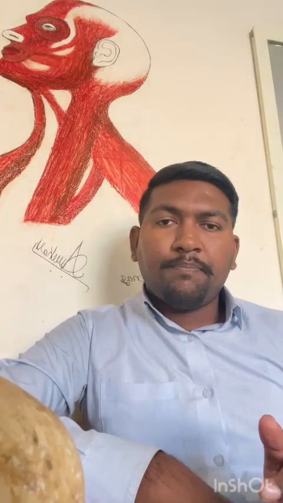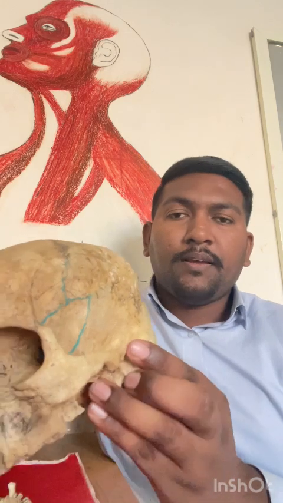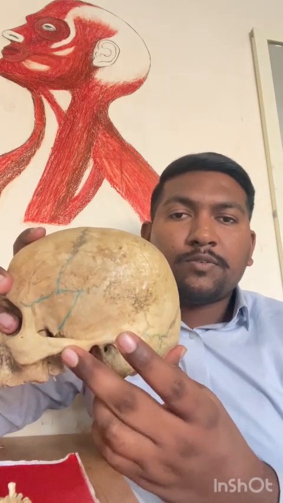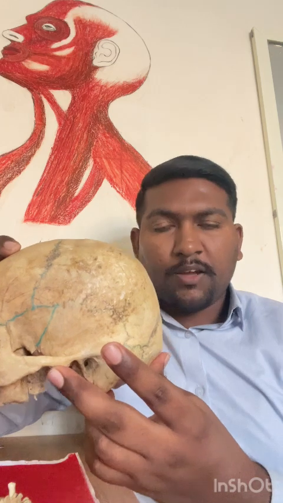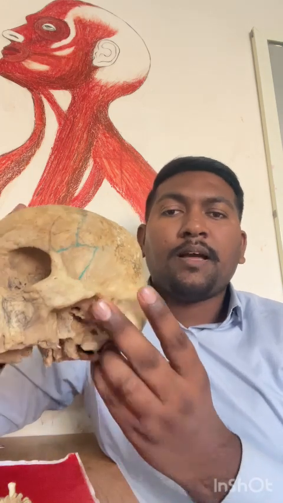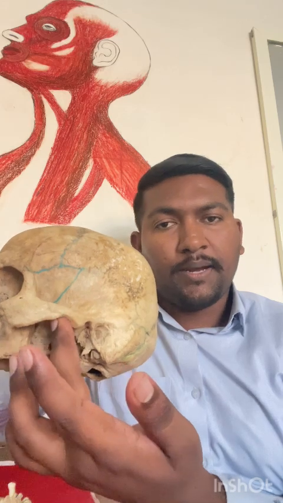And the deep portion of the masseter muscle arises from the posterior two-thirds of the lower border of the zygomatic arch and the whole medial surface of the zygomatic arch.